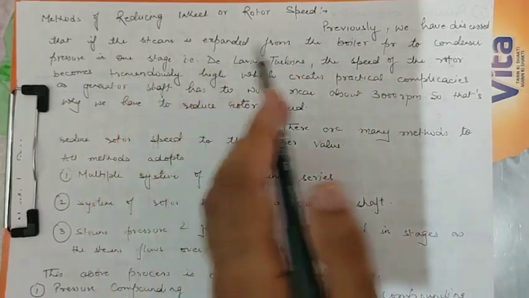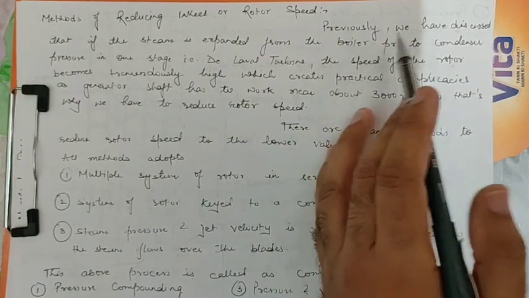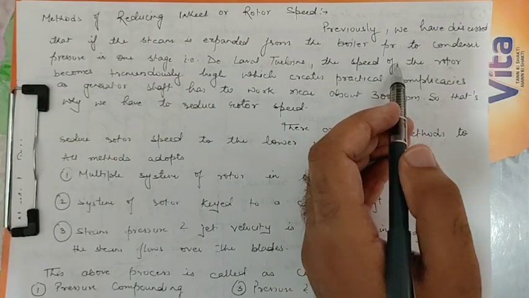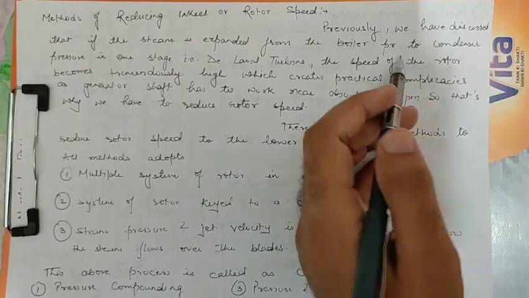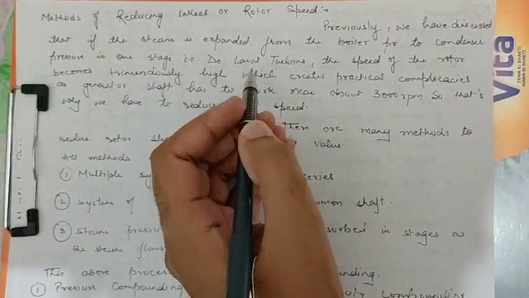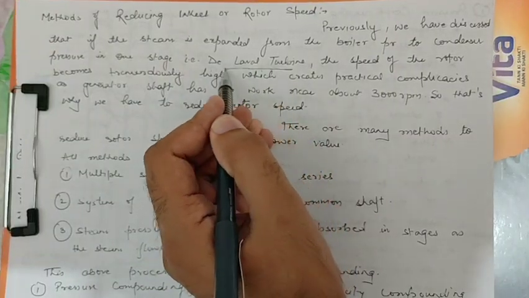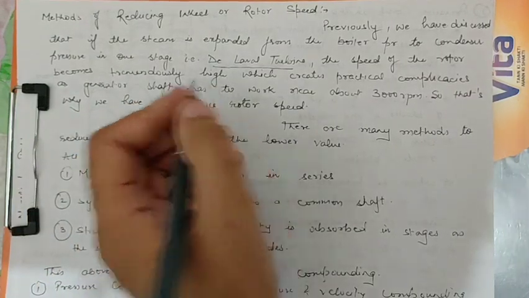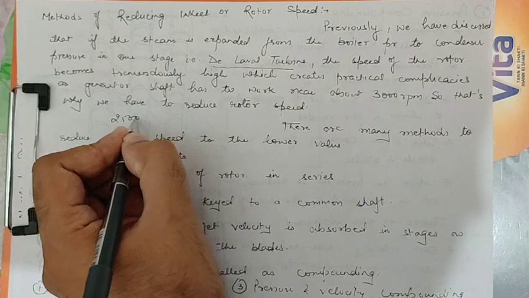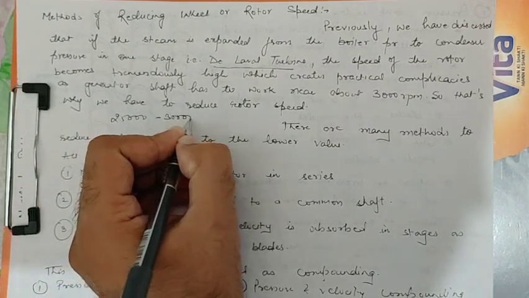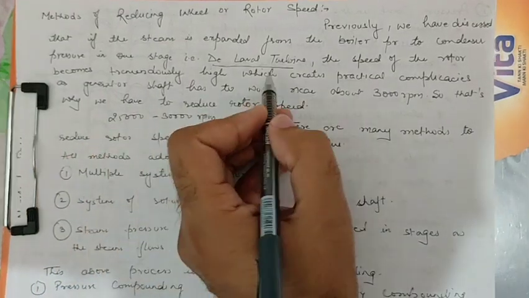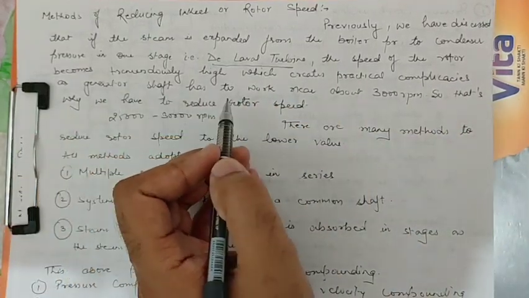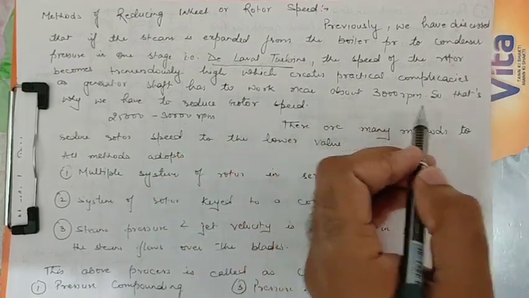So this is all about what I have discussed previously. We have discussed that if the steam is expanded from the boiler pressure to the condenser pressure in one stage, as in the De Laval turbine, the speed of the rotor becomes tremendously high, in the range of 25,000 to 30,000 RPM, which creates practical complications, as we know that the generator shaft has to work near about 3000 RPM.